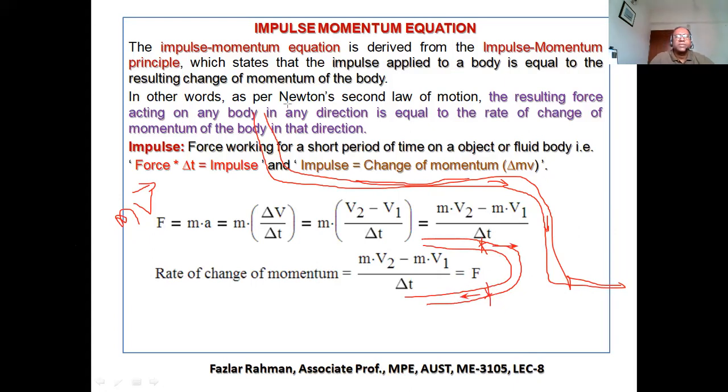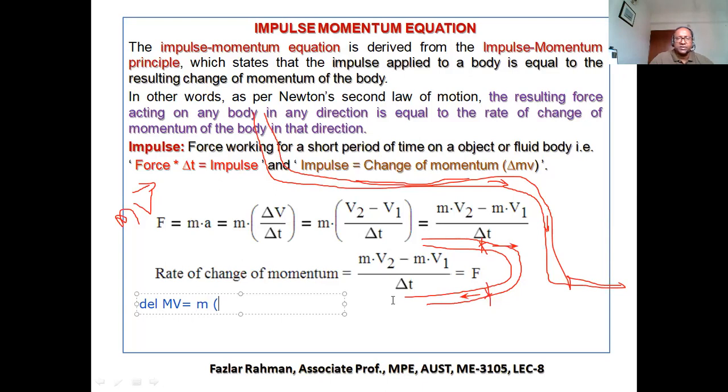You see, if we figure out the delta of mV, that means the change of momentum, your m, even constant I am saying, times V2, since this V2 is in the opposite direction of V1.